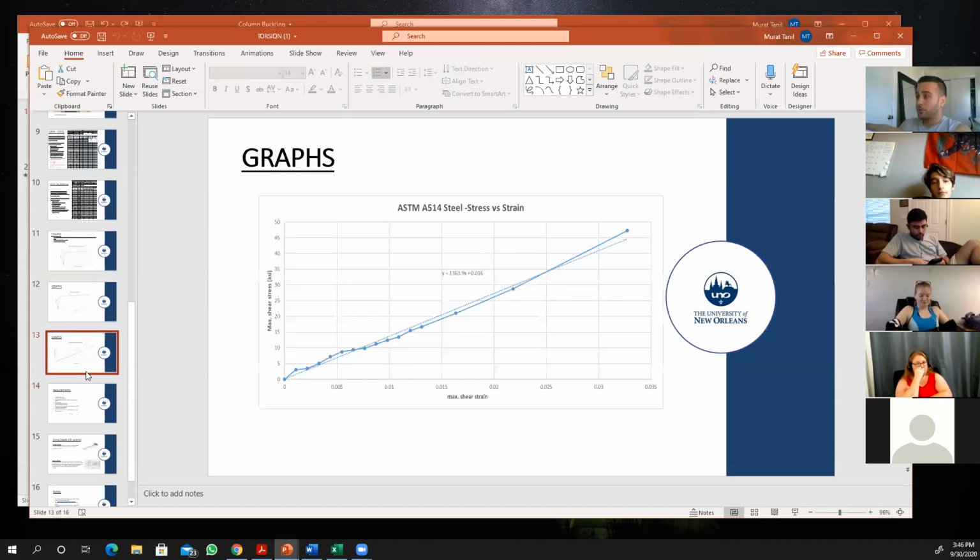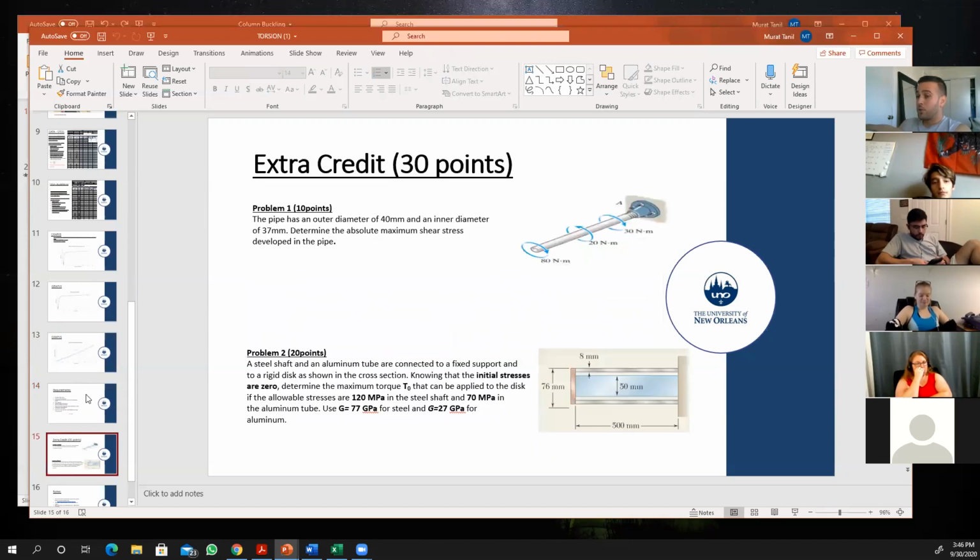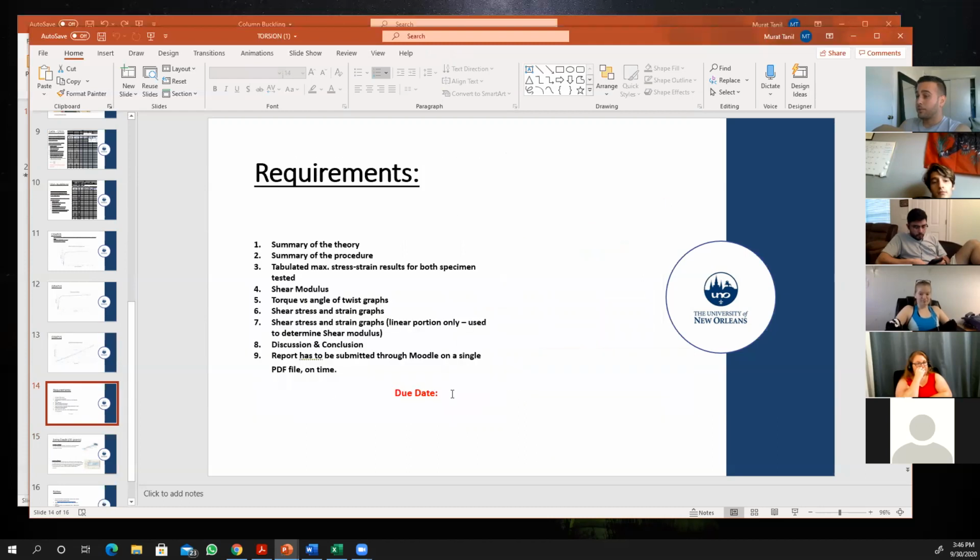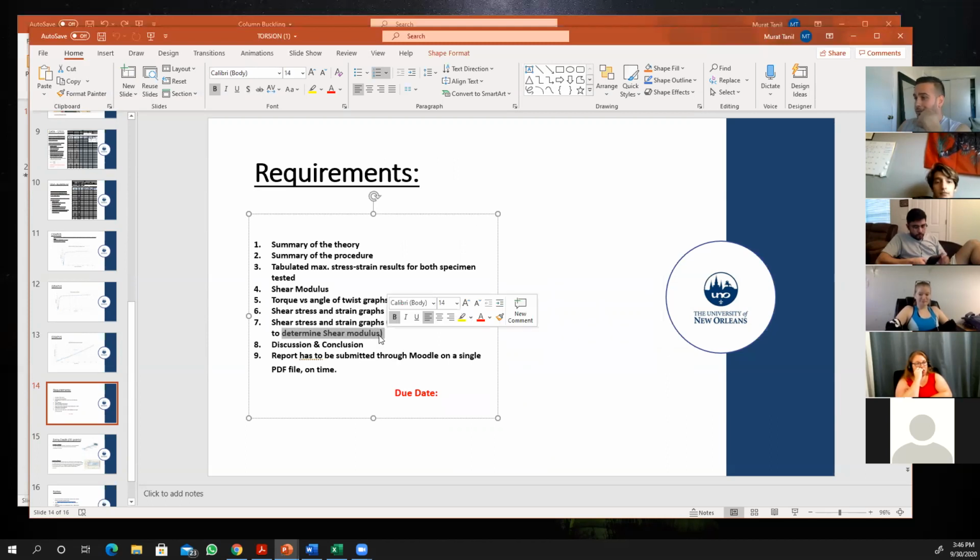This one shows the elastic region only, and you need to use this graph to determine the shear modulus. And you're going to have your discussion and conclusion part. In the discussion and conclusion part, you can include the assignment questions that you answered on the virtual lab, basically.